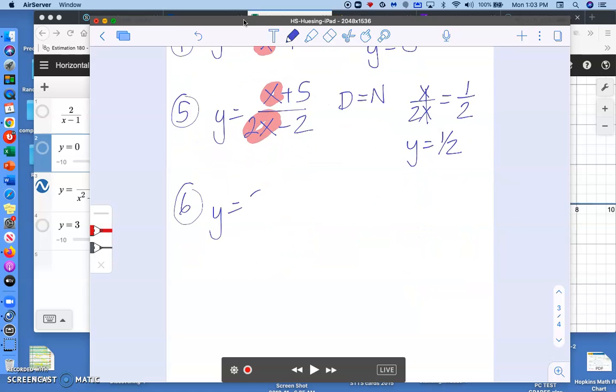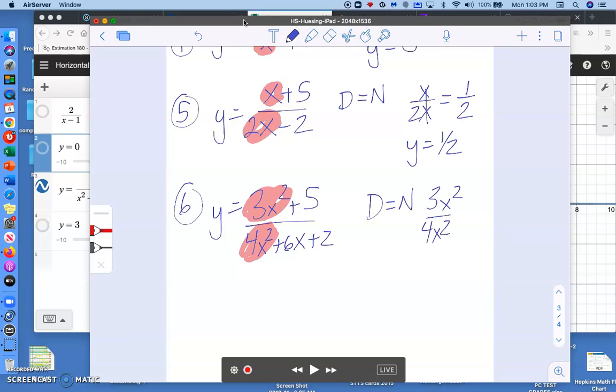What if we had 3x squared plus 5 over 4x squared plus 6x plus 2? Again, we're just looking for the highest degree, so that's a 2 and a 2. So they're equal to each other. The numerator equals the denominator. So we have 3x squared over 4x squared. So that's those leading coefficients, 3/4. So it's at a height of y equals 3/4.